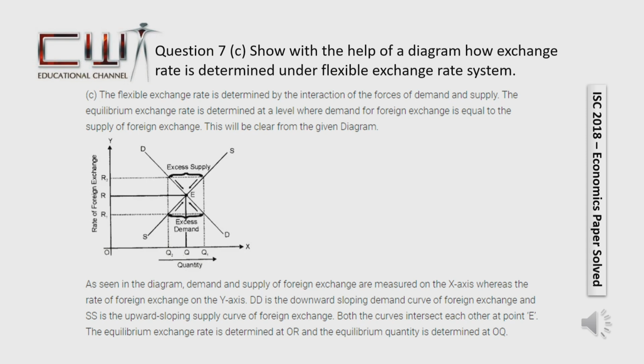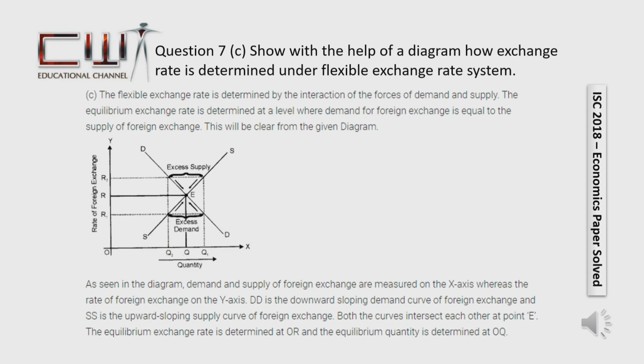As seen in the diagram, demand and supply of foreign exchange are measured on the x-axis, whereas the rate of foreign exchange is on the y-axis. DD is the downward sloping demand curve of foreign exchange, and SS is the upward sloping supply curve of foreign exchange.